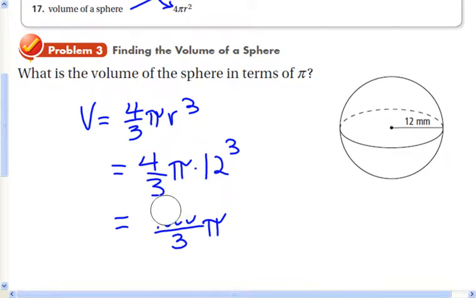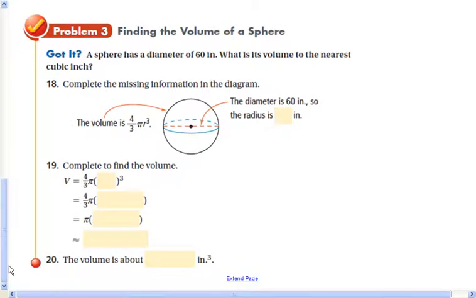I don't know where I got that 4,000, but it's 6,000, 6,912 divided by 3, and that would equal 2,304 pi. All right, try that.